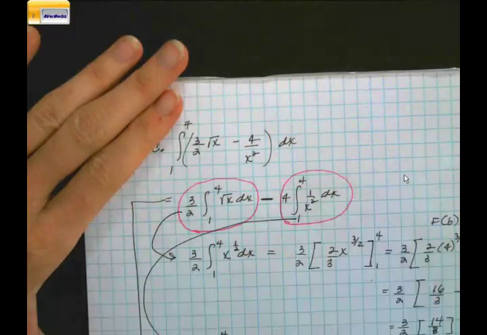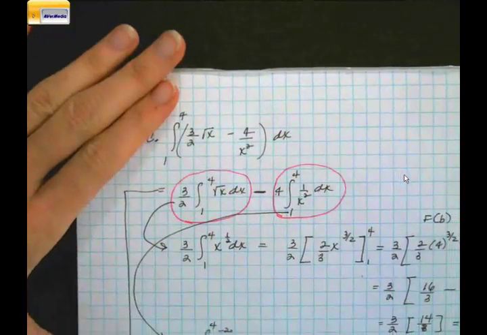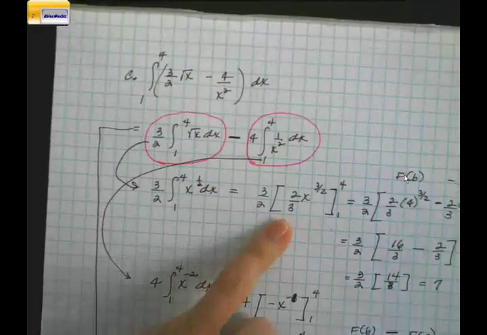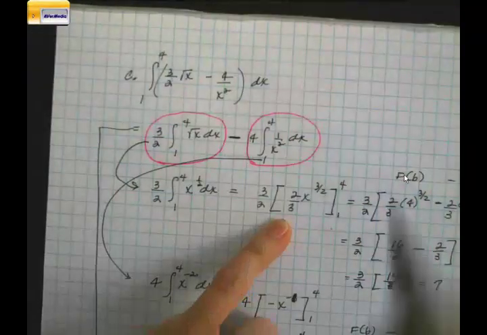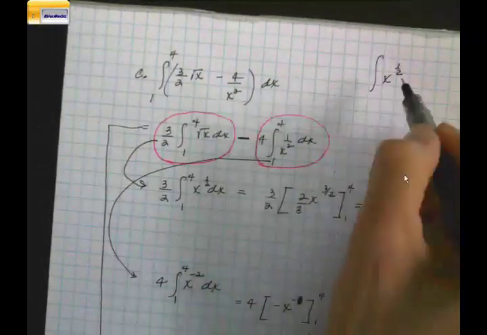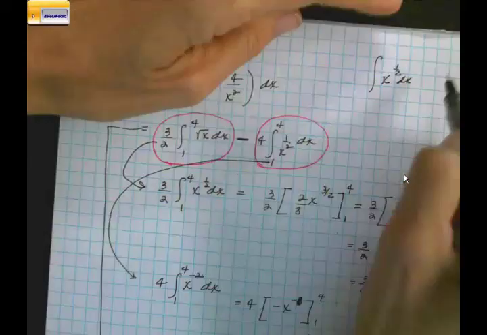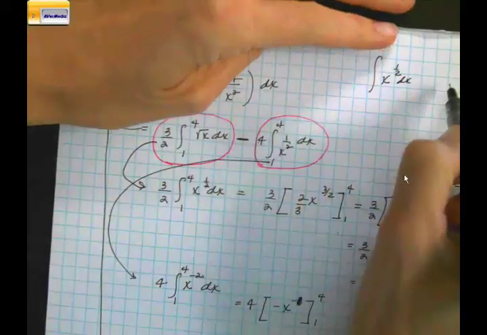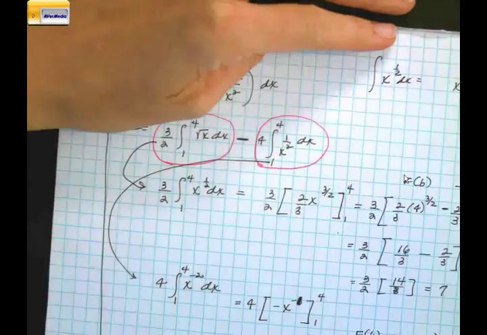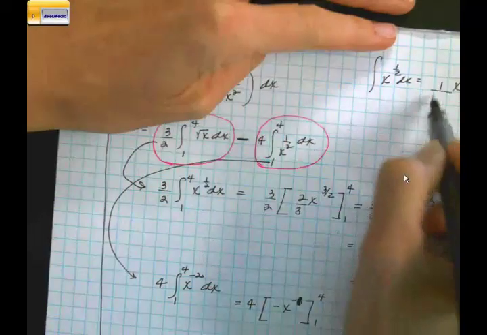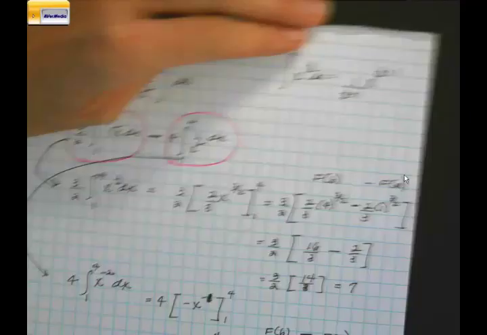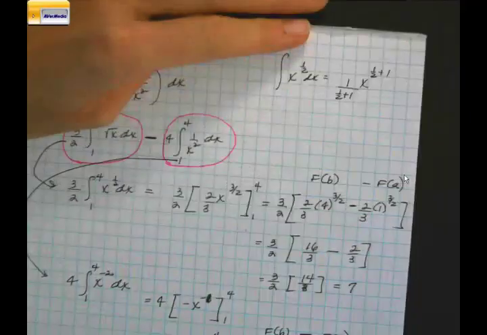And right here, okay, it's x to the 1/2 when you integrate it, right? There you go. You add it by 1, and then you divide by that number, right? Remember that? You increase your exponent by 1, and then you divide by that number.